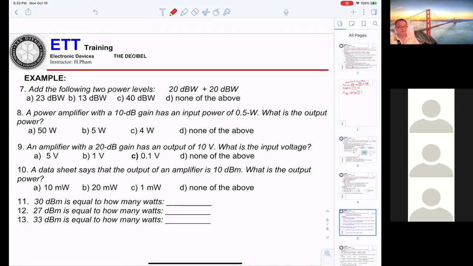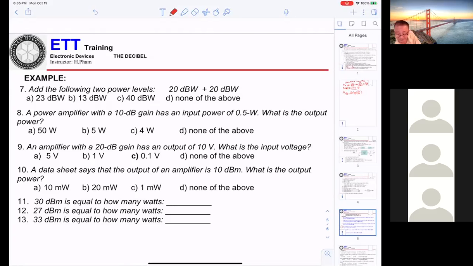Same thing. If they want to add dBm to dBm, then you have to convert dBm to milliwatt. Then you add the milliwatts. And finally, you have to convert back to dBm.